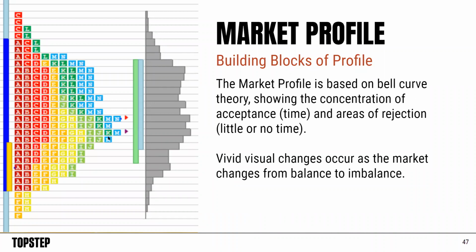Obviously, the market profile is based on bell curve theory, and shows the concentration of acceptance in time, and areas of rejection with little or no time. Now, there's a lot of nuances and a lot of features to the profile that take time to learn and then to digest into kind of secondary functions.